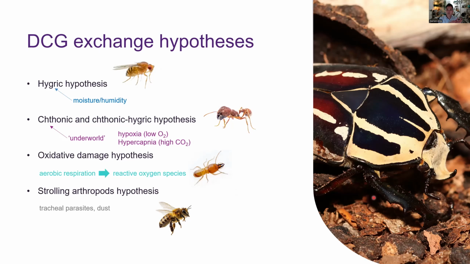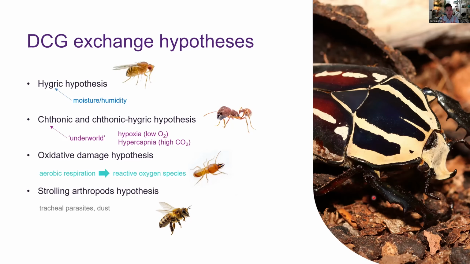And so one hypothesis for discontinuous gas exchange is that this phenomenon of closing and then rapidly opening your spiracles in rapid succession is a mechanism to ensure that you don't accumulate parasites or dust that would otherwise block up your tracheal system.